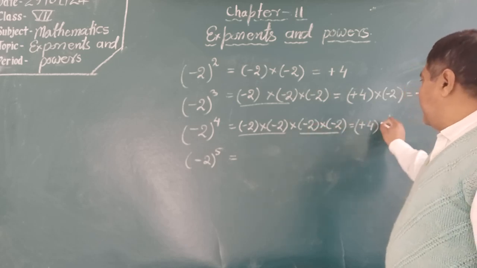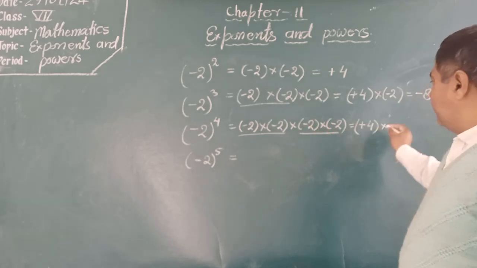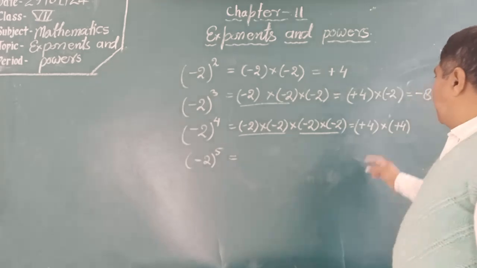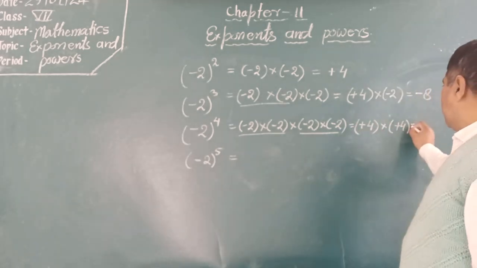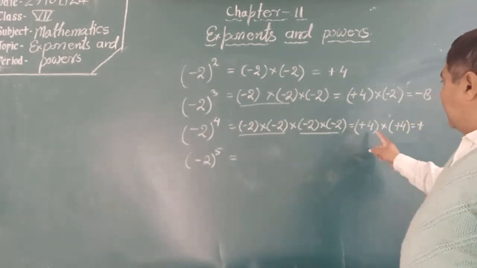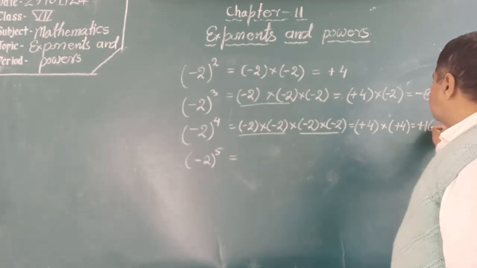And another minus minus multiplication becomes plus, and this is 4. And plus times plus also becomes plus. And 4 into 4 becomes 16.